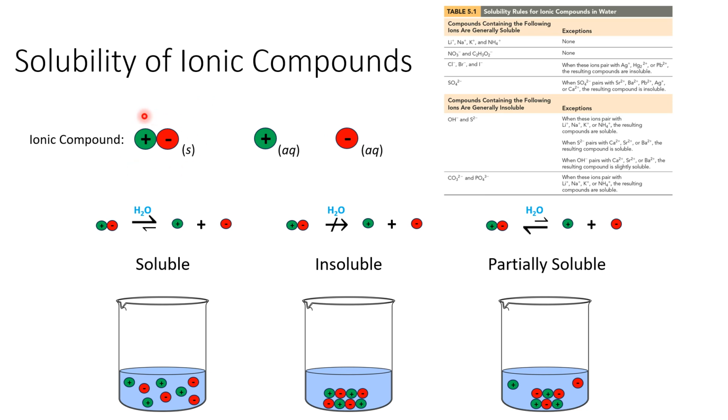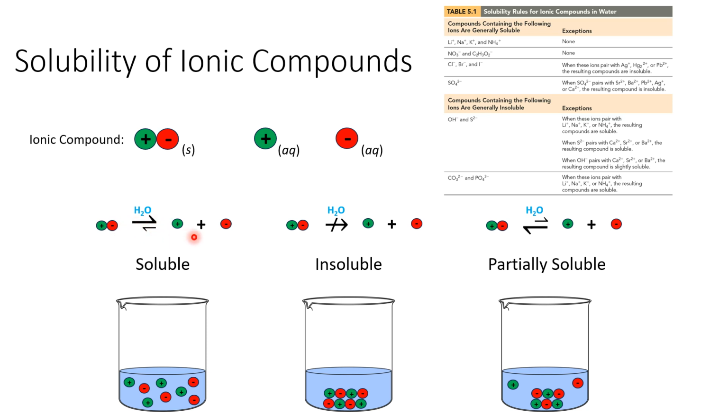And the question is, when you put an ionic compound in water, is it going to solubilize? Is it going to dissolve? Or is the plus and the minus going to break apart? In Gen Chem 1, you learned that things are either soluble, meaning that if you have an ionic compound in water, it's going to go more to the right and not much to the left.